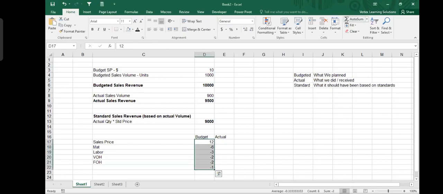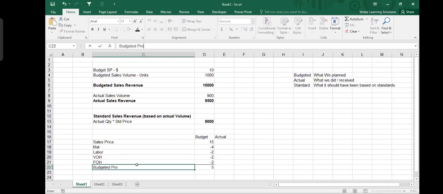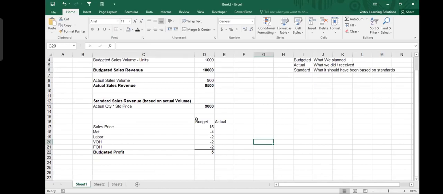I just put big numbers. Let's put it -4 and let it put -2, or maybe we can increase this number as well. So this is my budgeted profit. Everybody is there, everybody is listening to me, watching me? Yes, sir. I'm trying to explain to you in such a way that you should never forget again, and you should be able to explain it to anyone else as well.